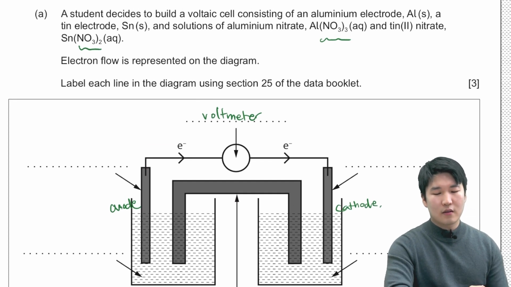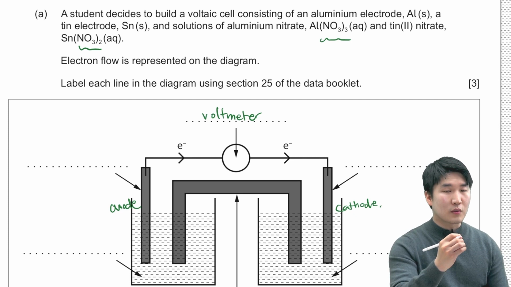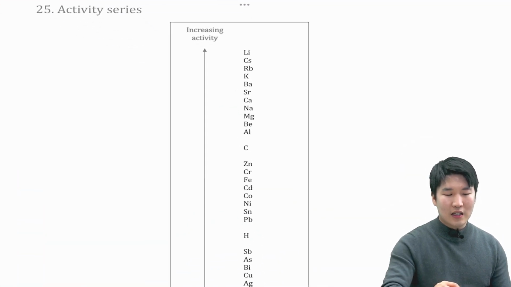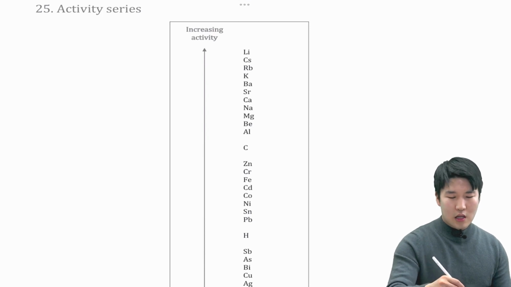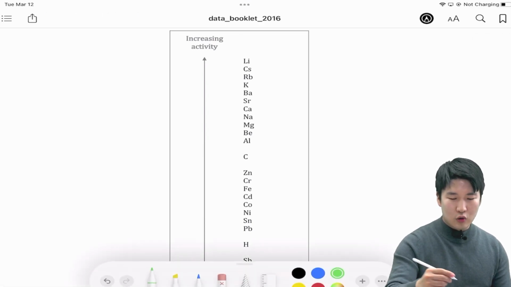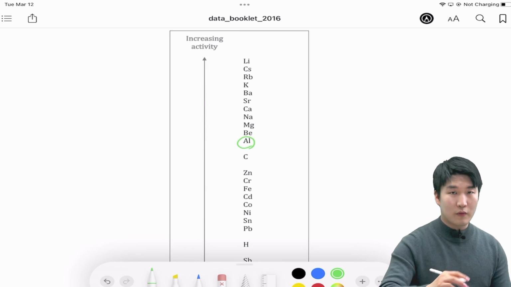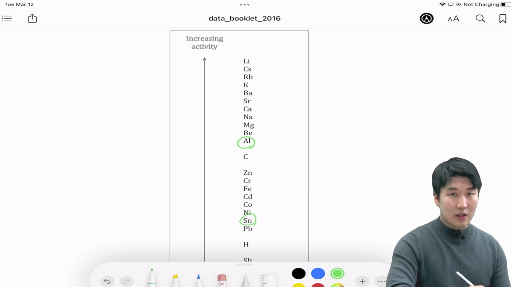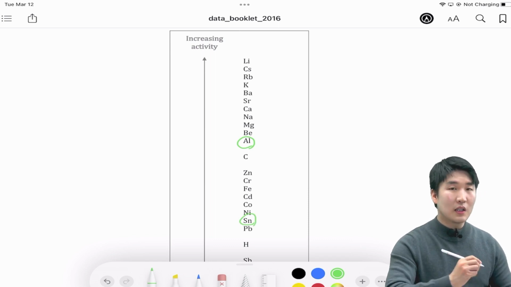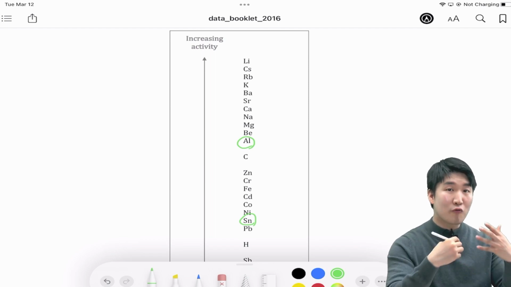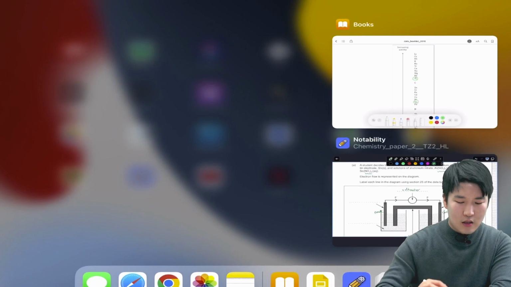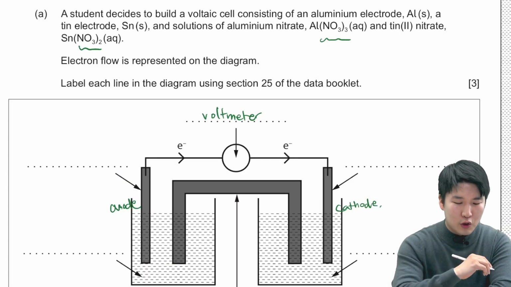Aluminium has higher oxidation potential than tin, and we know that because looking at the activity series, aluminium at the relatively top of the list will have greater activity than tin, meaning it's more reactive, it gets oxidized, while tin 2+ will be reduced.